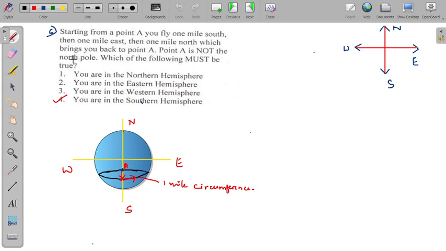So now that option will not be included. So you are left with only one option, that is southern hemisphere. Here the only thing you have to consider is not moving in a straight line, but moving along the circular path of 1 mile circumference, because you are flying around the circular path of 1 mile circumference.